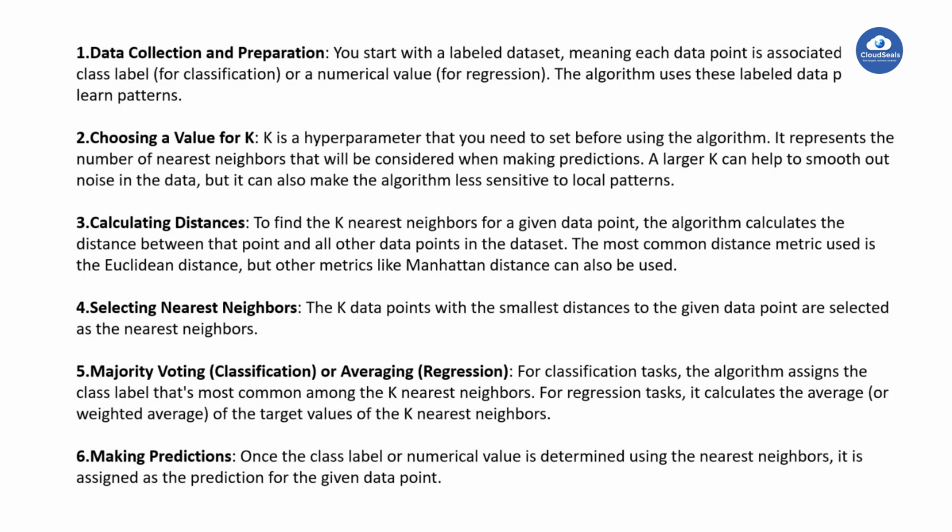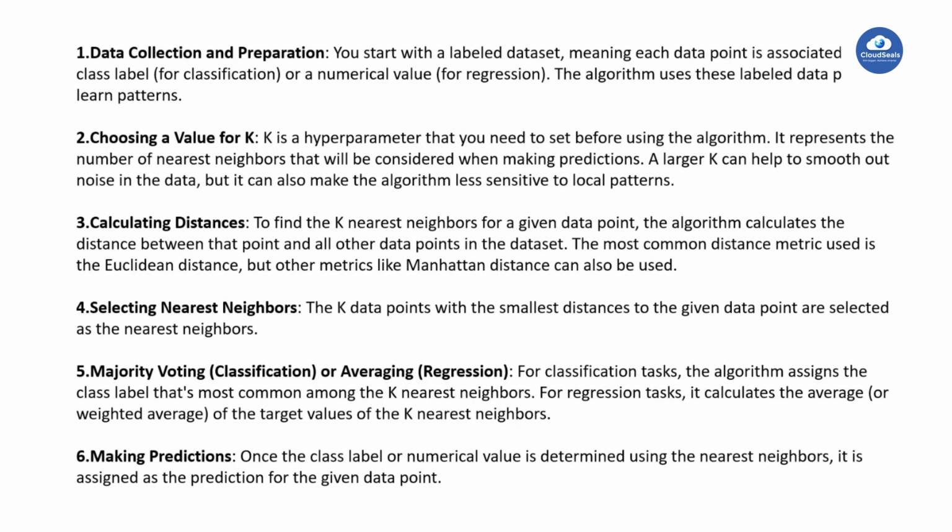We will calculate the average of all the values. Based on the average, we will give one numerical value. For the regression task, it calculates the average or the median of the target values of the k nearest neighbors. Same thing: previously we selected the most repeated color class; now we will calculate the average.